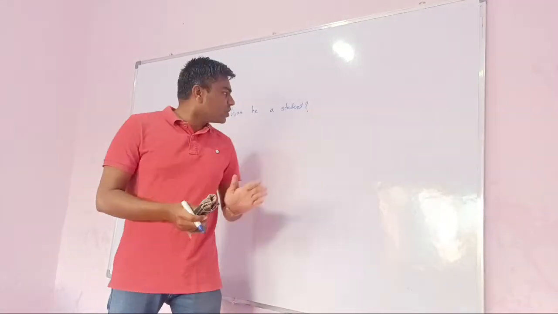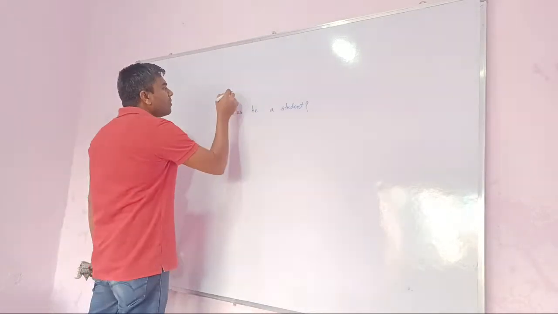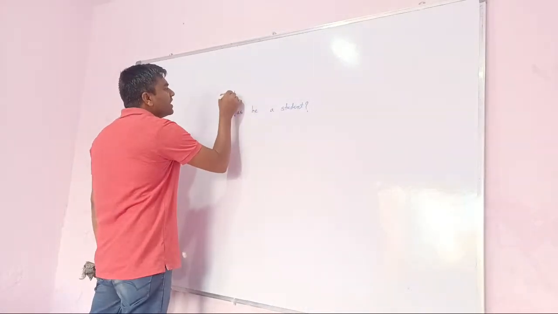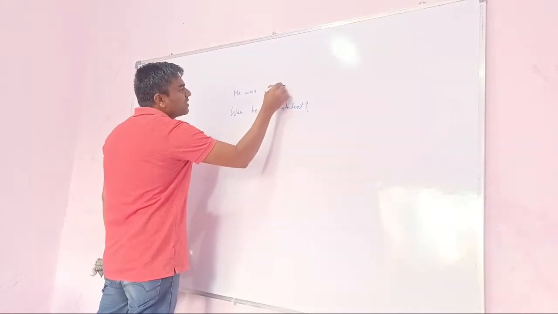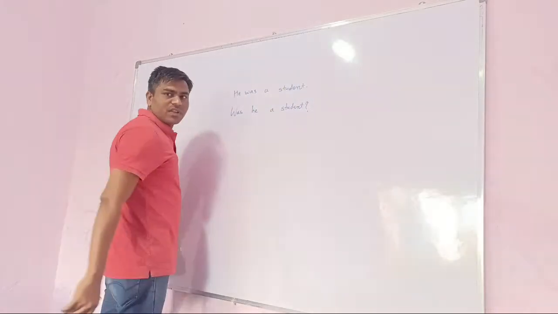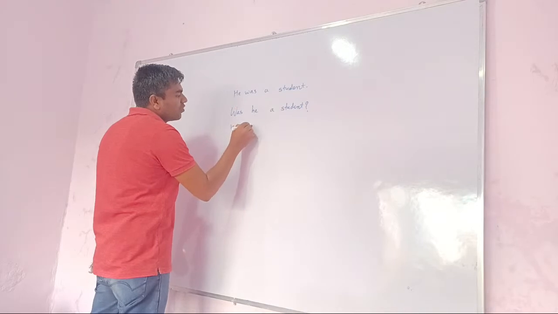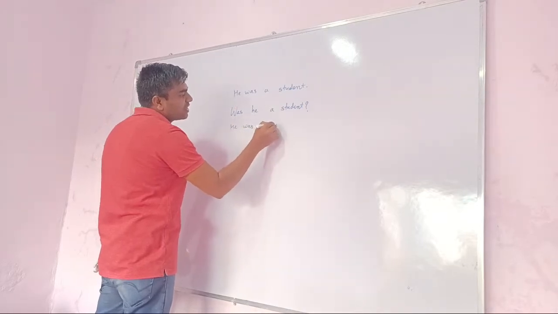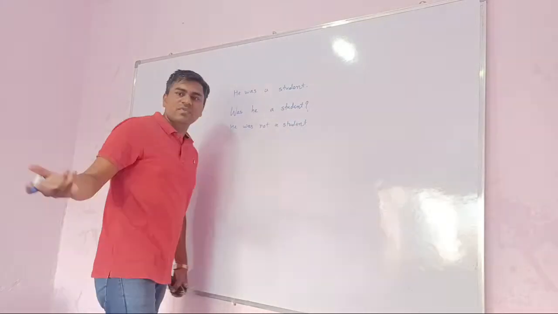So this is a question, and if we want to make it positive, then we can say he was a student. Negative: he was not a student. Just it. Finish it.